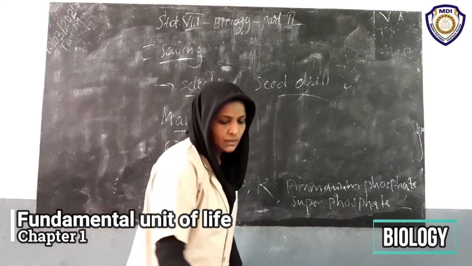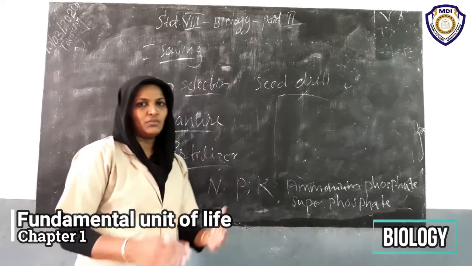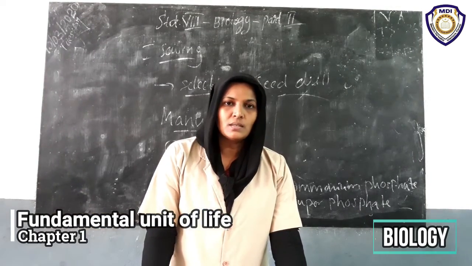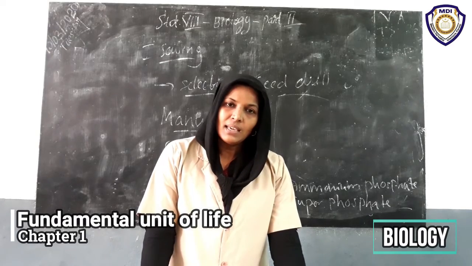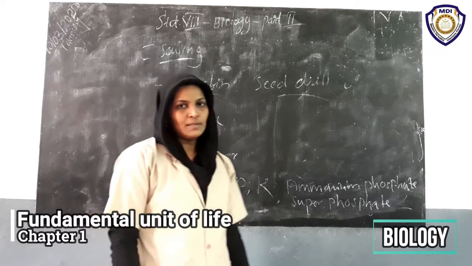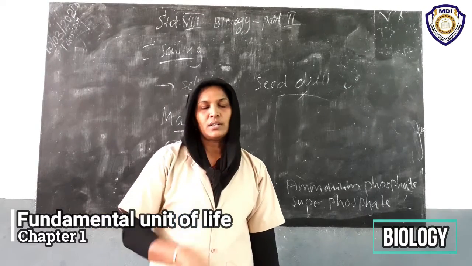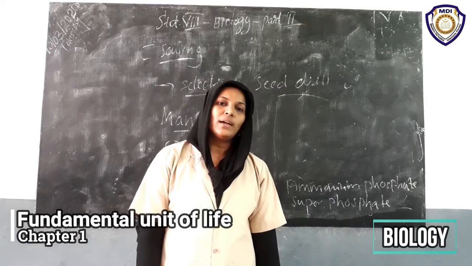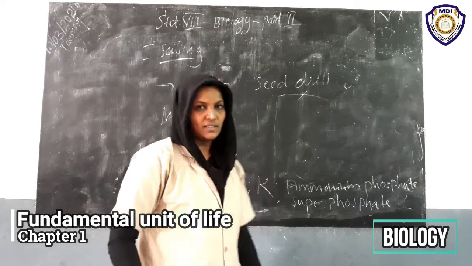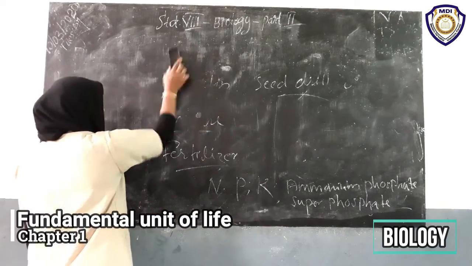Okay, children. Then you know the differences between fertilizers and manure. For this, do one thing. Make a tabular column. In one column, you write manure, and in the second column you write fertilizers. Then you add points like this.